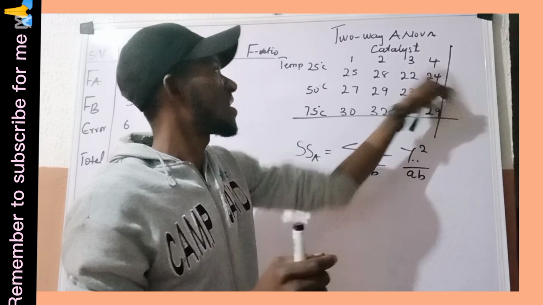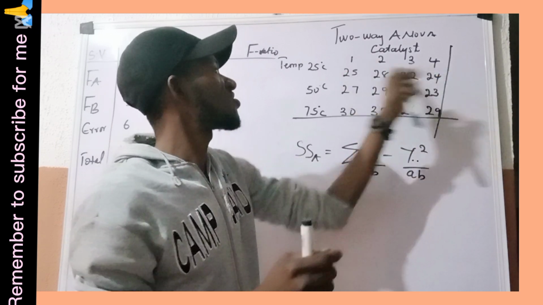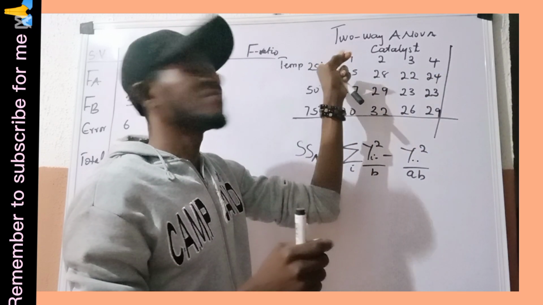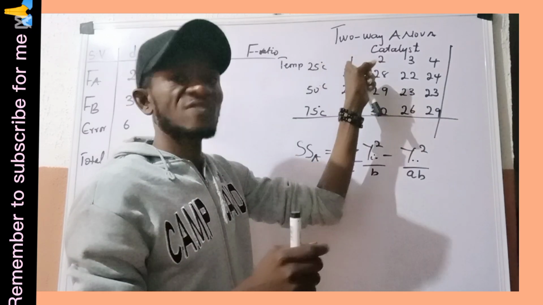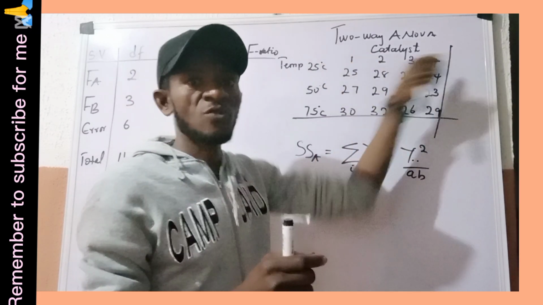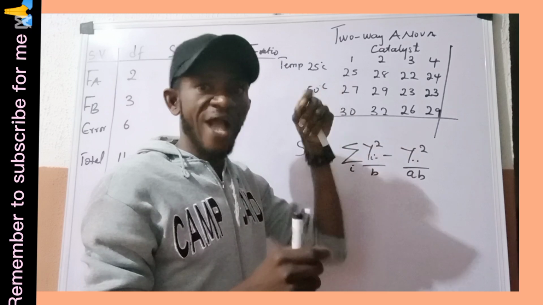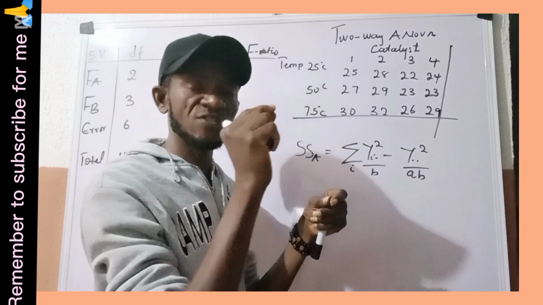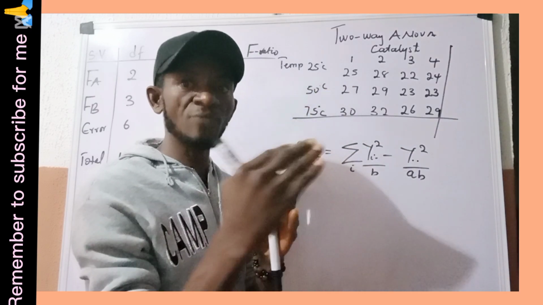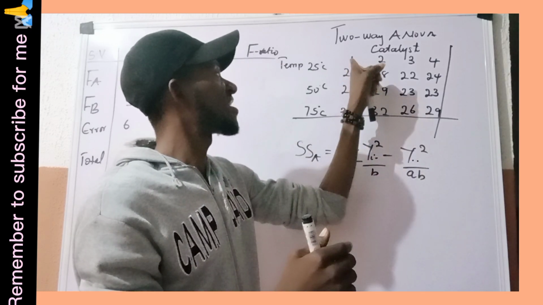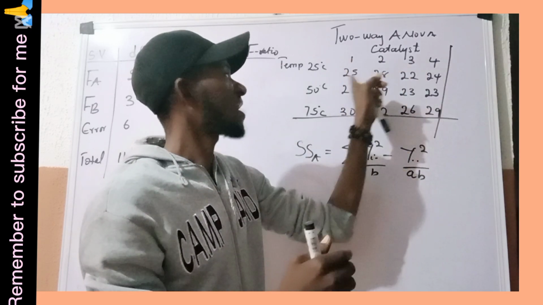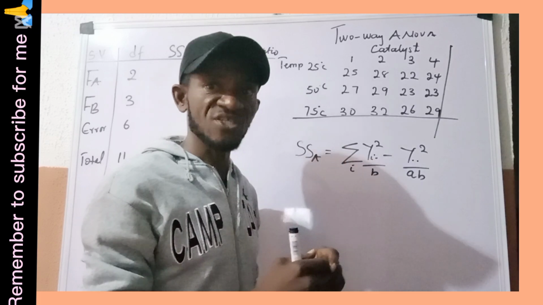As I'm summing these observations, this 25 degrees Celsius is constant. It is not changing. What are changing are the levels of factor B. And in ANOVA, we use dots to show that we have summed observations over a range. The range here is from 1 to 4 that I'm summing these observations.